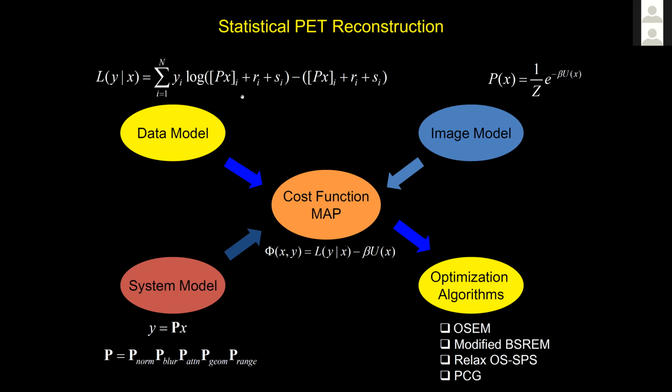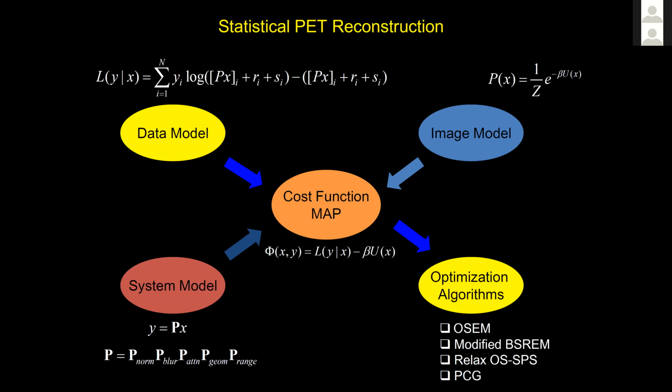All these statistical or regularized maximum likelihood algorithms can be formulated in this framework: you have a model for your data, a model for your image, and a system model. Then you put them together and you get a cost function, which includes the data fitting term, which is likelihood based on your data model and noise model, and some prior knowledge of your image. You put this as some kind of regularization.